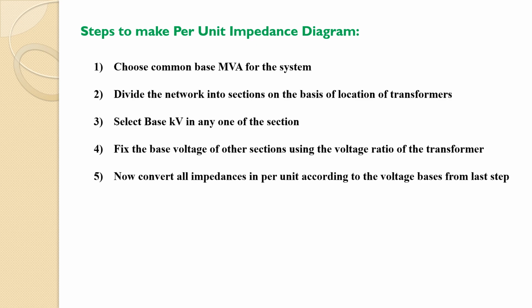This is a great advantage since the different voltage levels disappear and the entire system reduces to a system of simple impedances in per unit. So per unit quantities remain the same on either side of the transformer independent of the voltage level. This helps in analyzing the network in a very simplified way. Per unit systems are also ideal for computerized analysis and simulation of complex power systems.